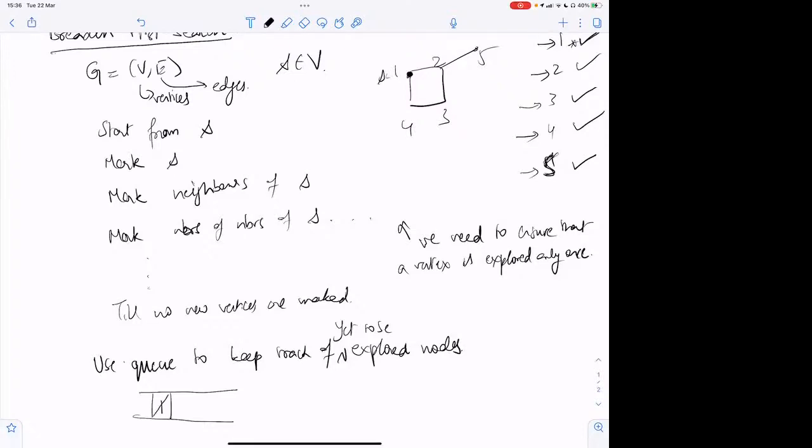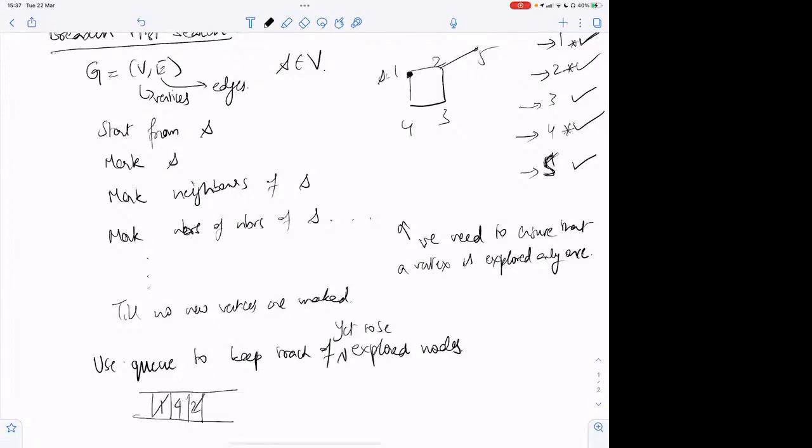This is my currently unexplored node. I explore it by looking at its neighbors, and if they are unmarked, so currently there is no mark at 2 and 4, I put 2 in Q, and then I put 4 in Q, and then I mark them, correct? So I mark 2, I mark 4.